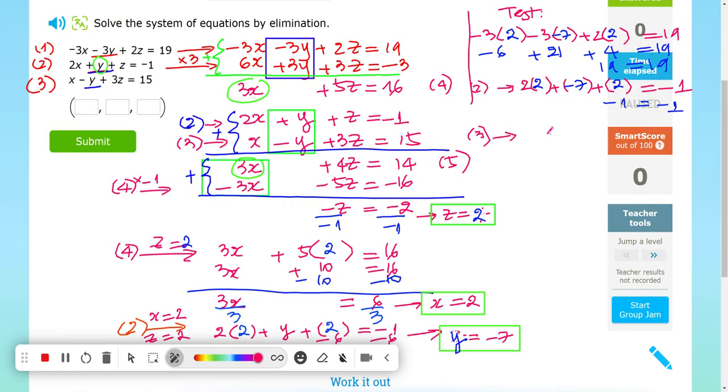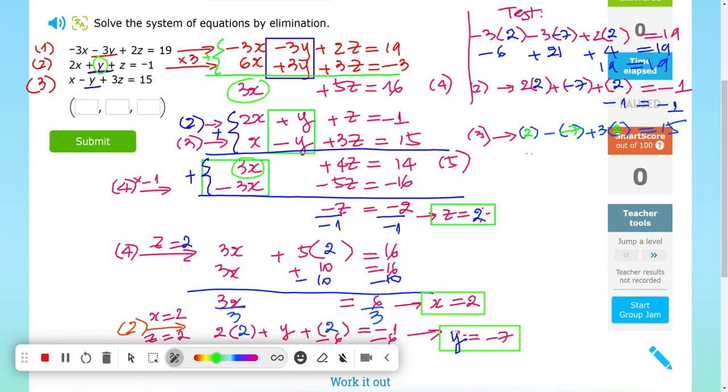Now let's test the last equation over here, equation number 3. Okay, let's use a different color here. X subtract y plus 3z equal 15. Okay, so substitute the values in. X equal 2, y equal negative 7, and z equal 2.